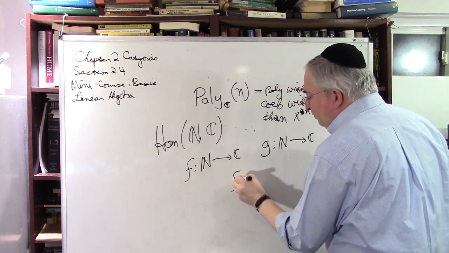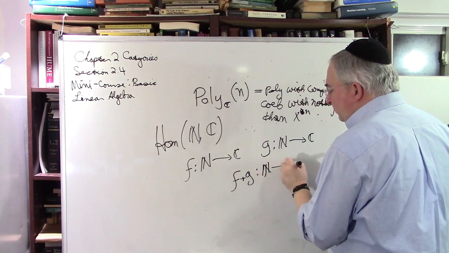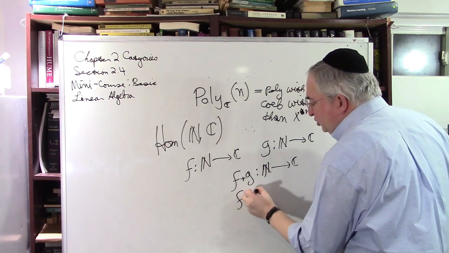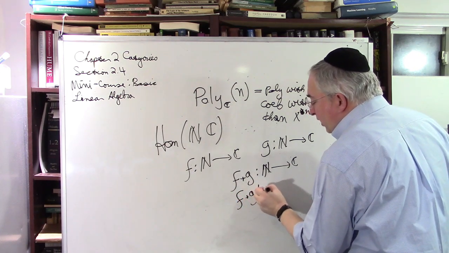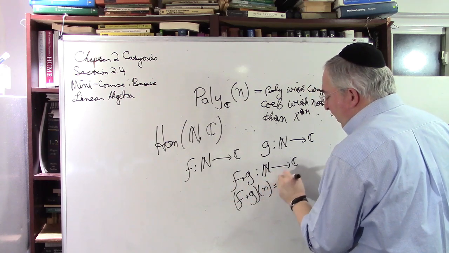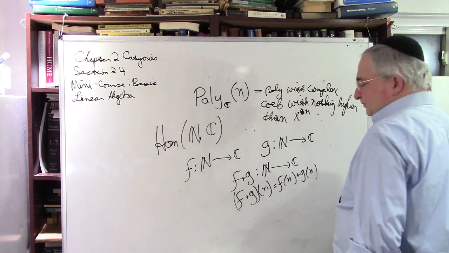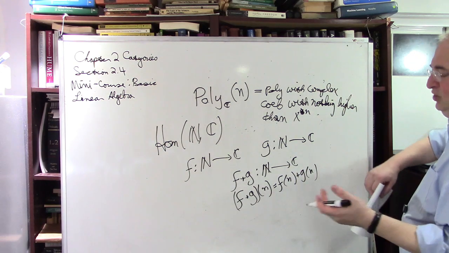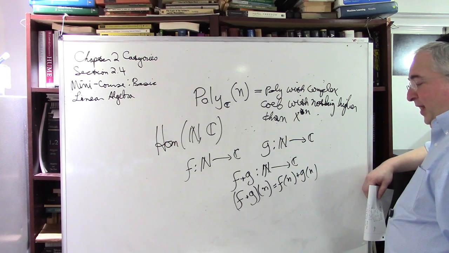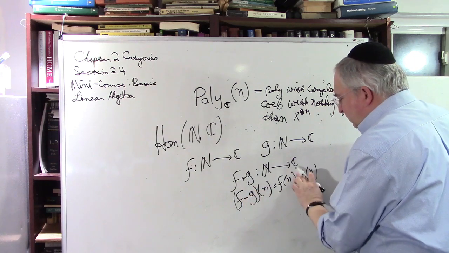So f plus g also goes from the natural numbers to C. And how is this defined? f plus g of a natural number n is equal to f of n plus g of n. Okay, so that's where you add two functions. You can actually add two functions. Great. How do you subtract two functions? Very simple. You ready? Minus.